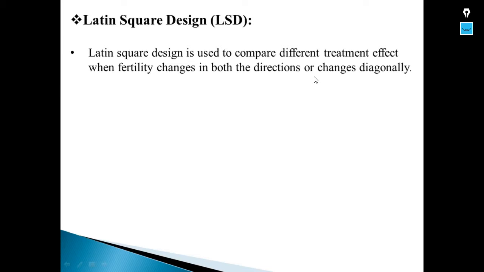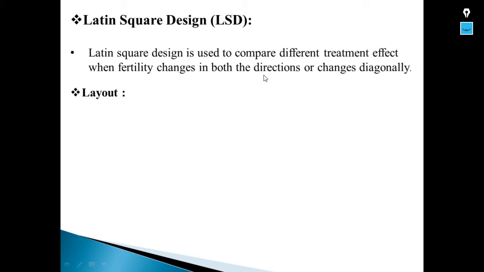So in this example, we have one factor, batches of raw material, and a second factor, operators. It means we test our different formulations with these two fertility gradients, one is batches of raw material, and another one is operators. So this is Latin square design.